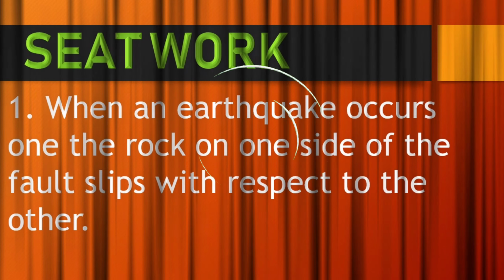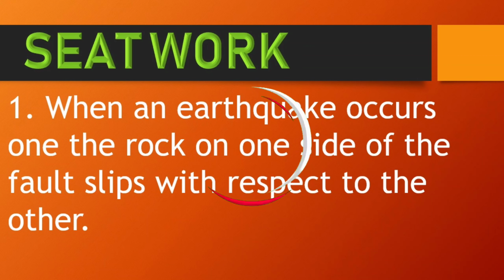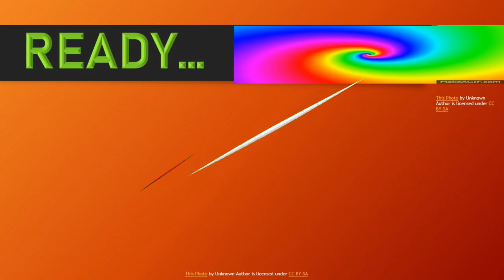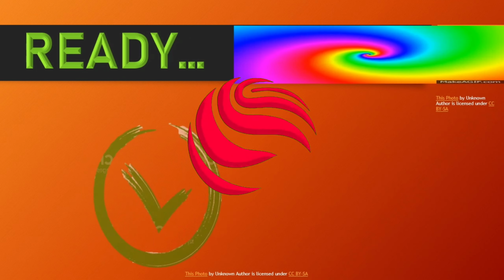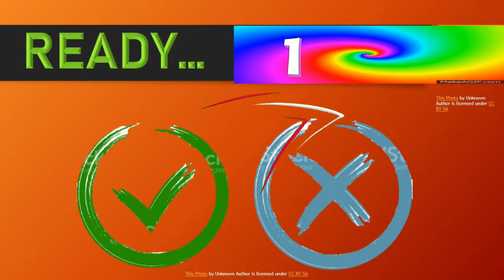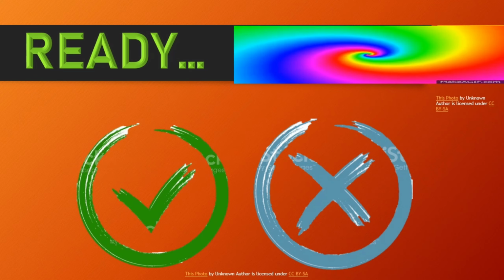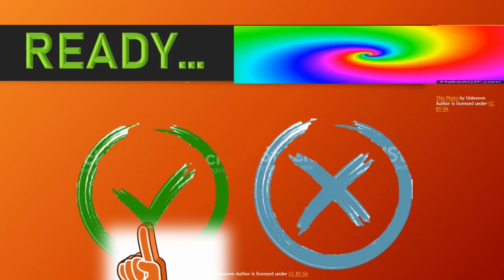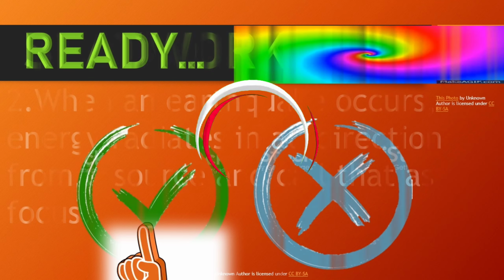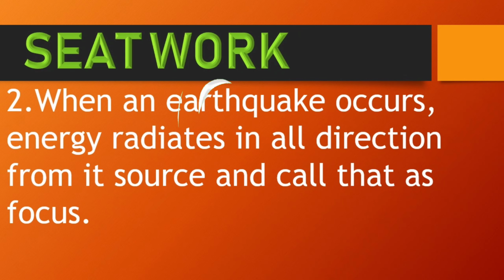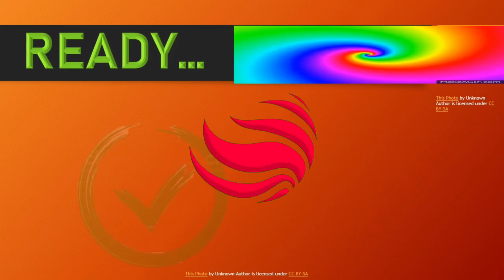Time for a seat work. 1. When earthquake occurs, one of the rock on the other side of the fault slip with respect to others. 2. When earthquake occurs, energy radiates in all directions from its source, and we call that as focus.